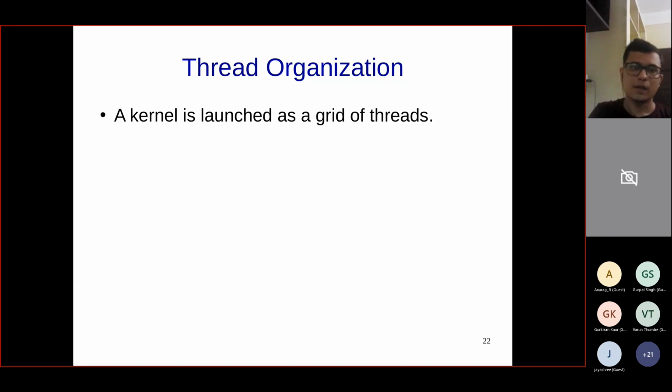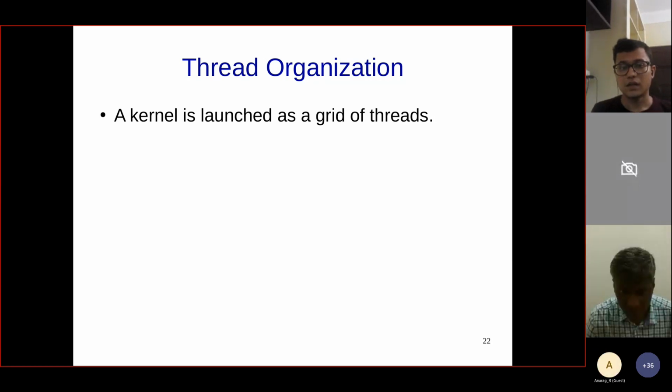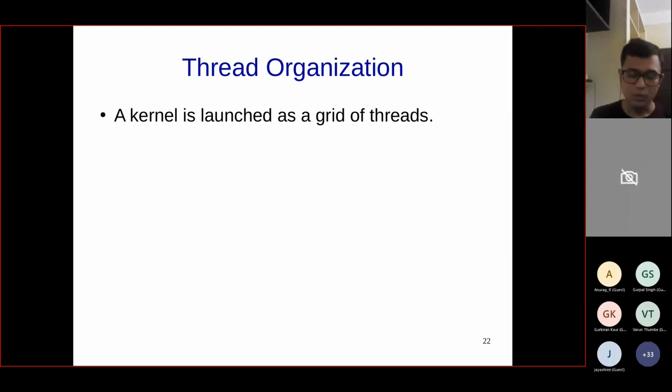In the previous lecture we saw how we can launch the kernel using multiple threads. One thing we should know here is that when we launch a kernel, it's launched as a grid of threads, and this grid is a three-dimensional data structure.